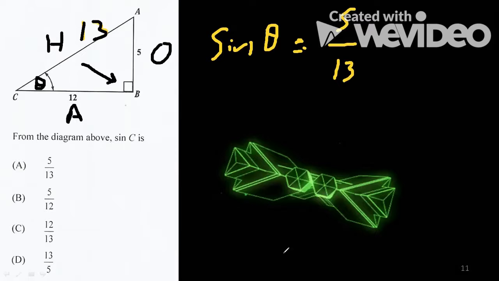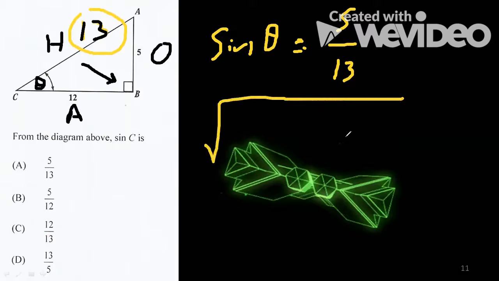You have to be able to recognize that this is a Pythagorean triple. Let's say you didn't know the triples. The 12 and the 5 are the two short sides. When you have two short sides, you just square and add them. If it is a short side you want to find, we subtract.